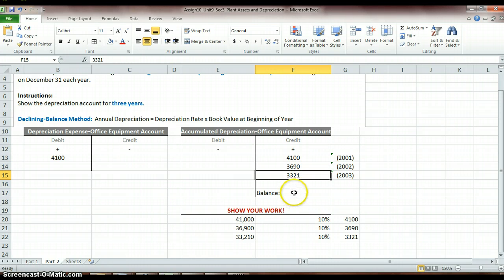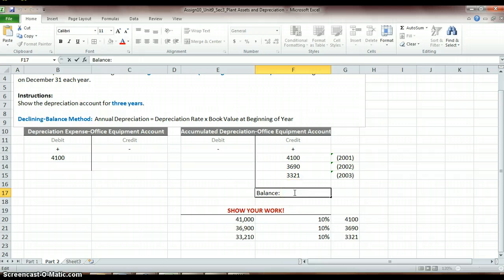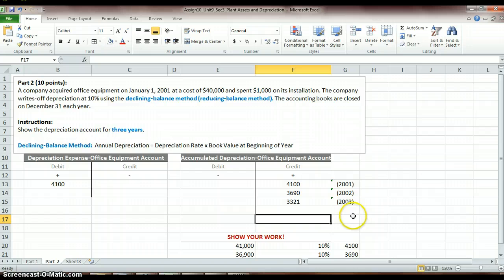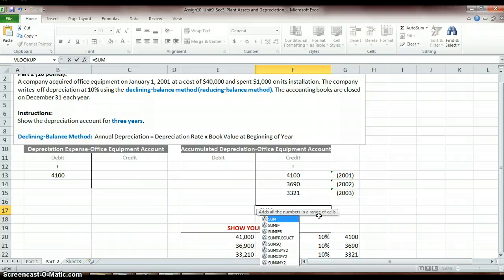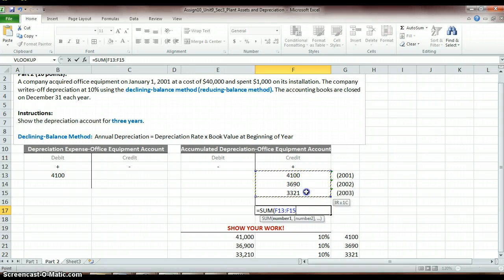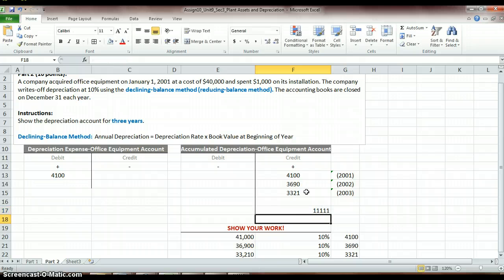So now I want to see how much total I've lost in those 3 years from my $41,000 investment into office equipment. So I want to just add these amounts together to find out what my total is.